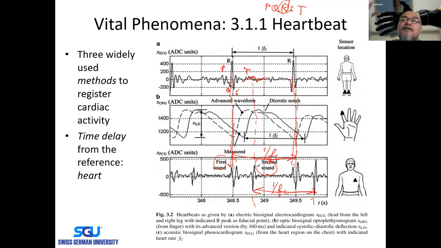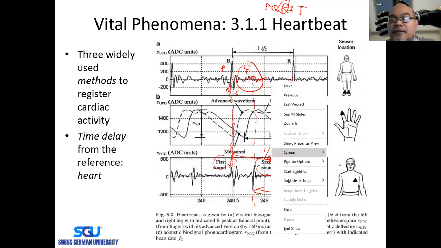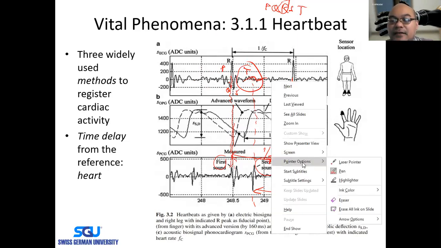Then the valves start to close and the ventricle starts to relax. That is the T wave, from the ECG perspective, and we know this ECG is related to the mechanical activity of the heart. That is what I can explain from this slide.